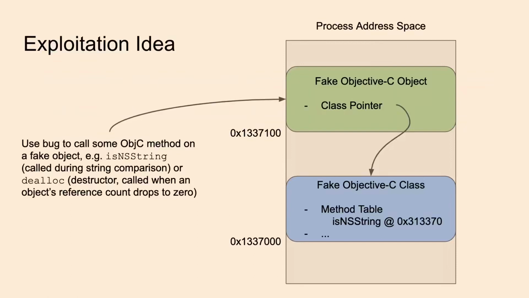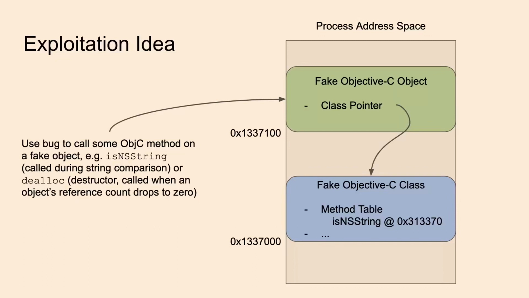So the rough idea for exploiting such vulnerabilities looks like this. You want to have some fake Objective-C object somewhere in memory that you're referencing. So again, we can access an arbitrary absolute address. We want some fake Objective-C object there. Every Objective-C object has a pointer to its class.